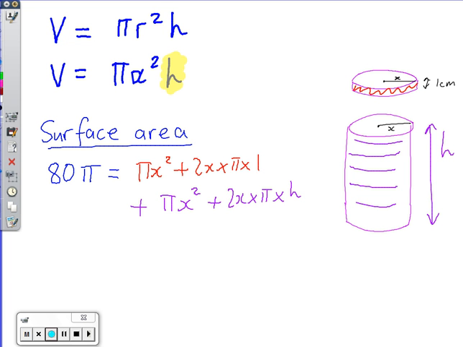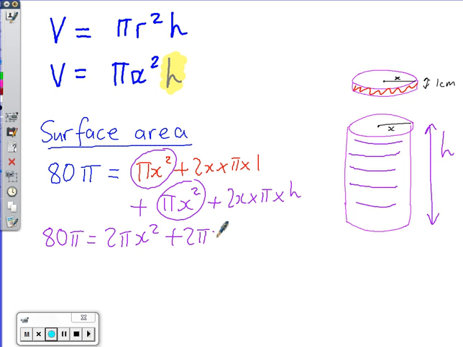So let's just tidy it up slightly first. We know that 80 pi is equal to 2 pi x squared. We're adding the pi x squared and the pi x squared together, that one there and that one there. We've got 2 pi x, we tend to write the pi before the x because it's a constant, and then we've got 2 pi x h at the end. We can then rearrange that to get h equals.